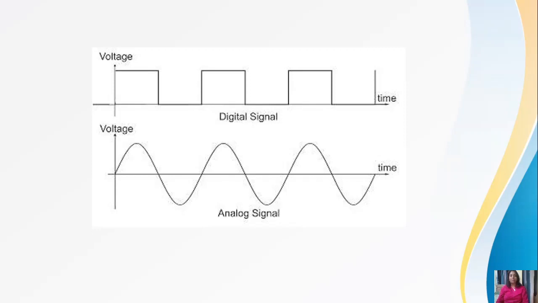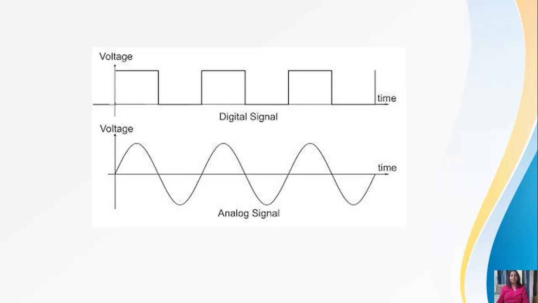Two main parameters define the characteristics of the signal. One is the peak-to-peak height known as amplitude, and voltage in electronic terms.